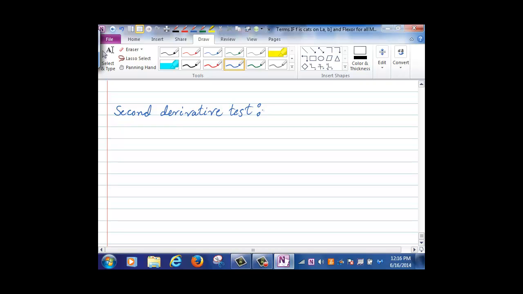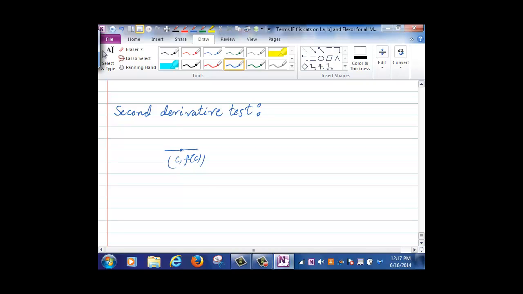Well, if I have a critical point where the derivative vanishes, right? What did we say about that? We know that if I have a point, say this is the point c, f of c in the graph of the function f, and if I know that the derivative vanishes at c, I know that the tangent line is what? Horizontal at that point, right?